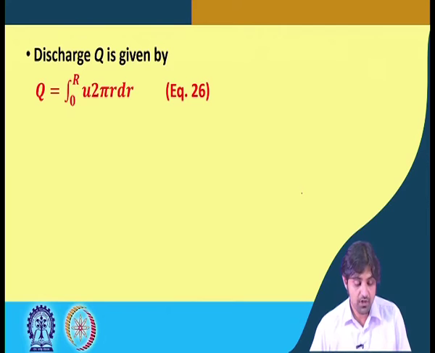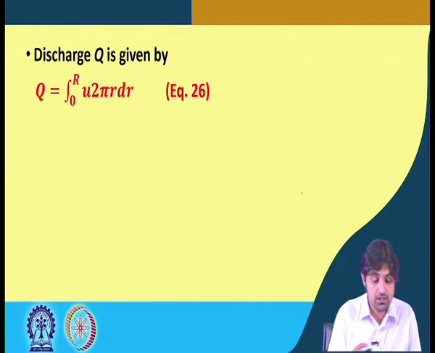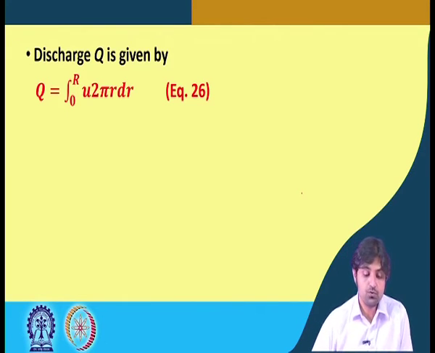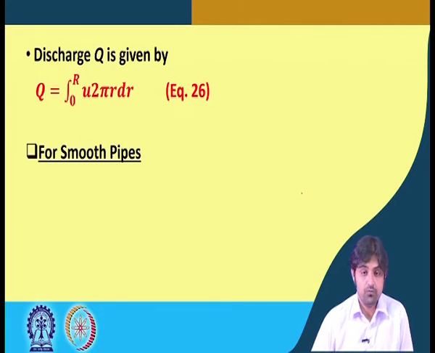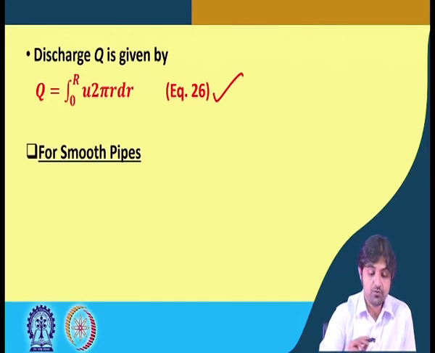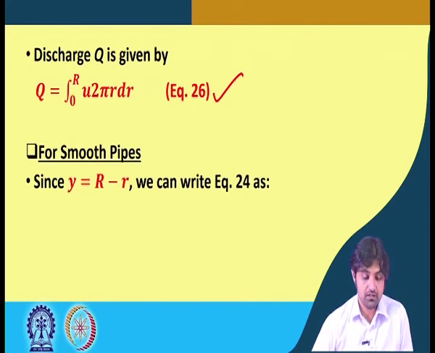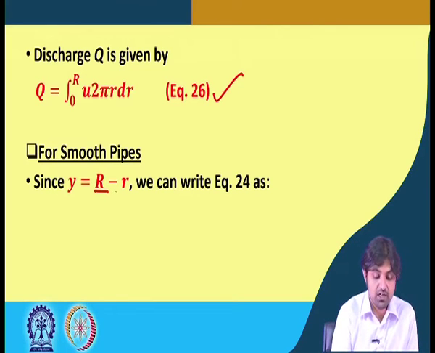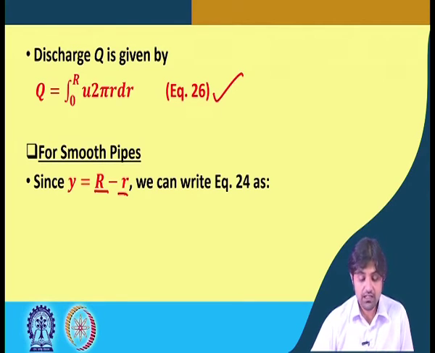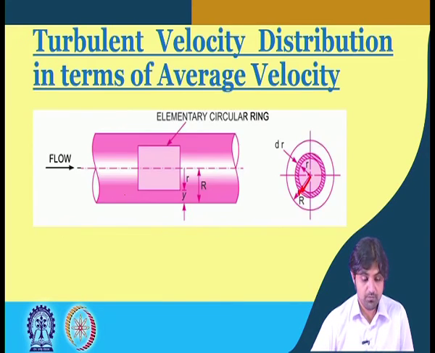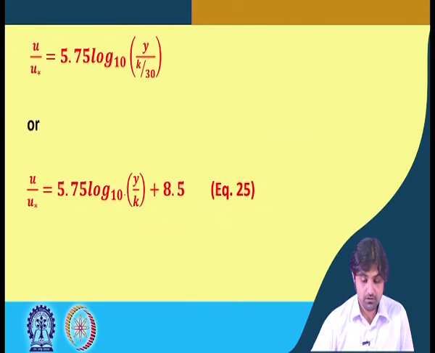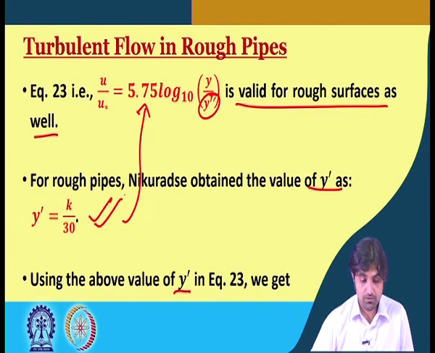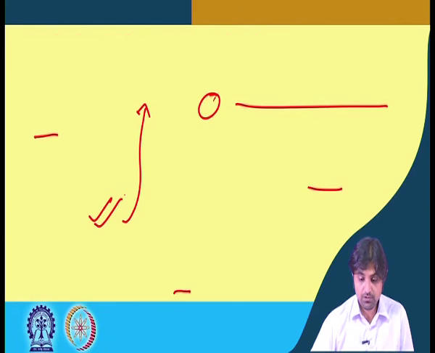Discharge Q is given by integral 0 to R of u into 2 pi r dr. Now, can we calculate it for smooth pipes? Yes. Since y is equal to capital R minus small r, we can write equation 24. If you do not remember equation 24, I will take you to equation 24.